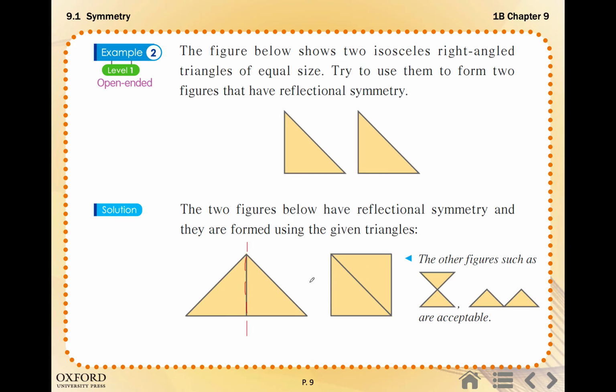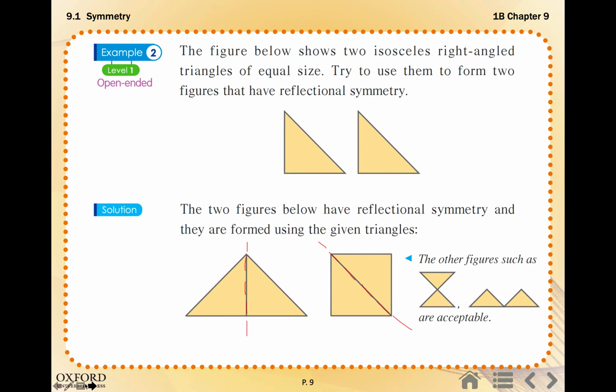Or this is the second solution. For the second solution, I can draw the axis of symmetry here. Then you can see that these two parts coincide completely when we are folding along this red line, that means the axis of symmetry.